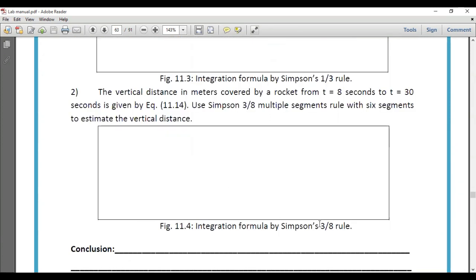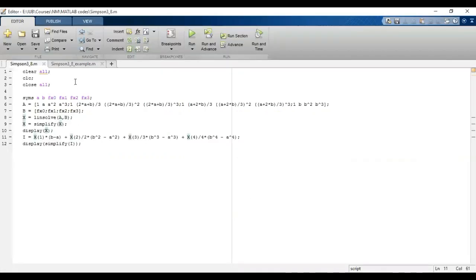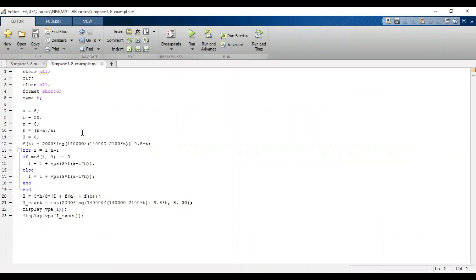By using Simpson's 3 by 8 rule, from t equal to a to t equal to 30 seconds, the distance can be evaluated. I have used 3 segments and 6 segments Simpson's 3 by 8 rule. So this is the code for Simpson's 3 by 8 rule. Let's evaluate this integration by using Simpson's 3 by 8 rule and draw the comparison with the exact integration.